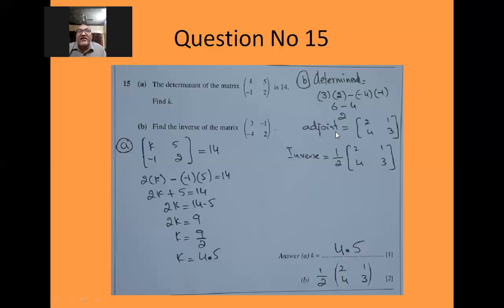So that's the adjoint. So the inverse will be 1 by the determinant times the adjoint of A. So you will have 1 by 2 times the matrix 2, 1, 4, 3. So you can see that the answer is 1 by 2 times that matrix. So this is how you find the inverse.